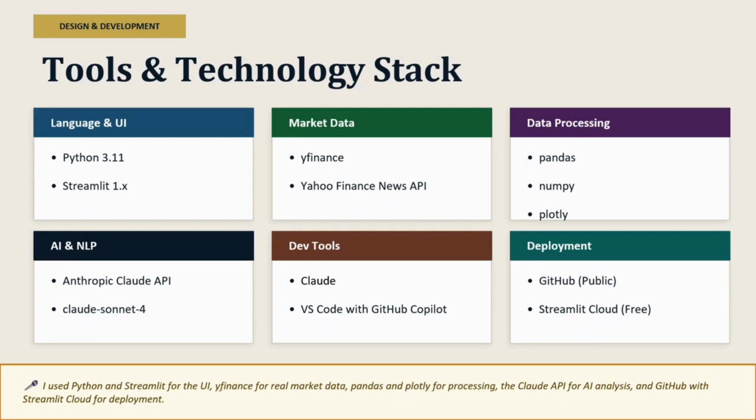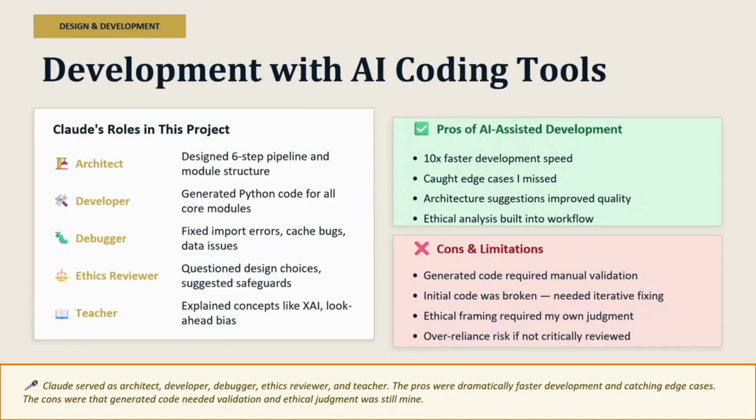Those AI tools play a bigger role than just writing code. Claude played five roles: architect, developer, debugger, ethics reviewer, and teacher. GitHub Copilot provides code completions directly in the editor.